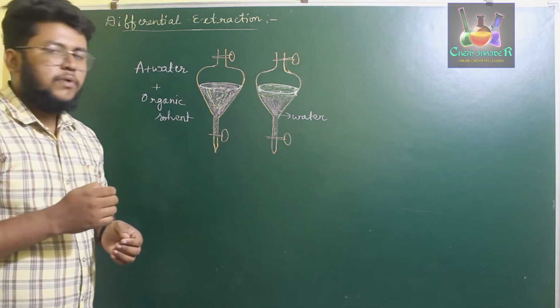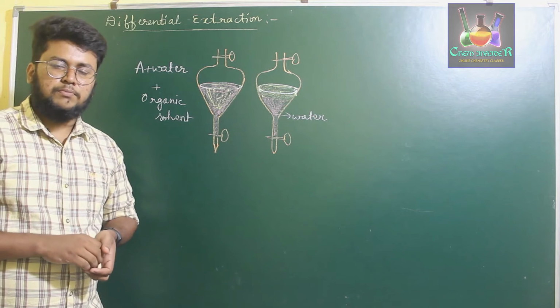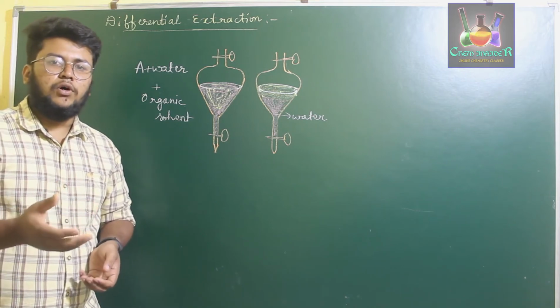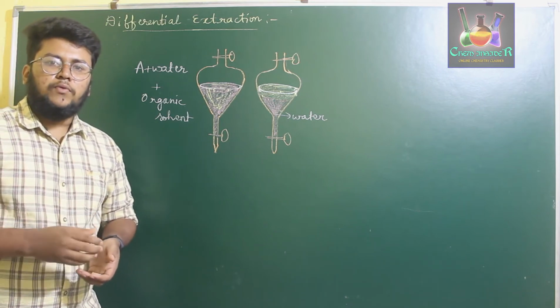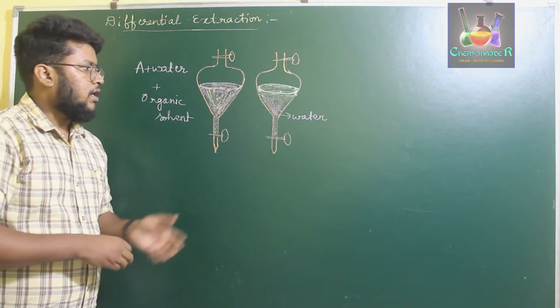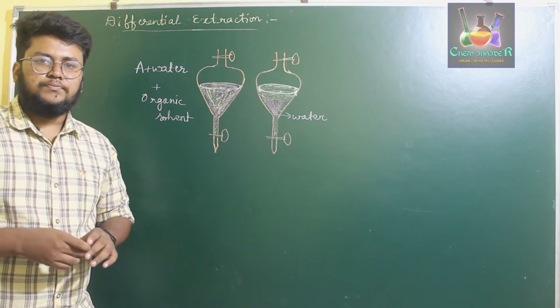Now, the situation we come across in this type of extraction purification process is that most compounds are not completely soluble in organic solvents. So in those cases, we carry out multiple processes of mixing and separation, which is called continuous extraction. Okay.